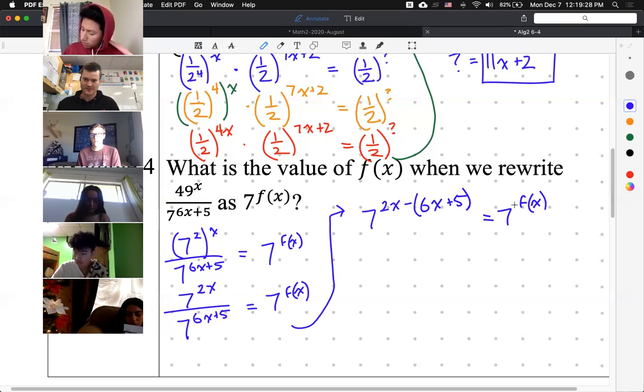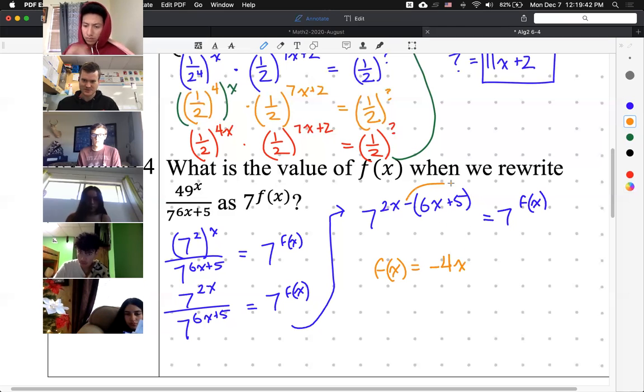And then the only thing that f of x should be equal to is this thing. Just set their exponents equal to each other and you have the answer. Therefore, f of x is equal to this thing. And I'll go ahead and simplify that. 2x minus 6x is negative 4x, and minus the 5, because this negative sign is distributed as well. It's distributed twice. So minus 5, and we have our final answer.